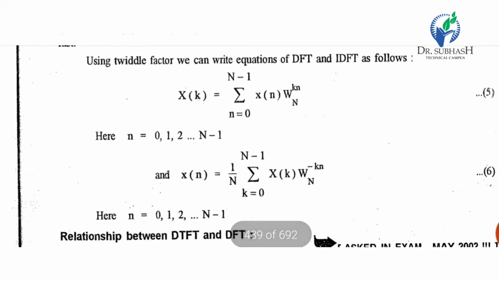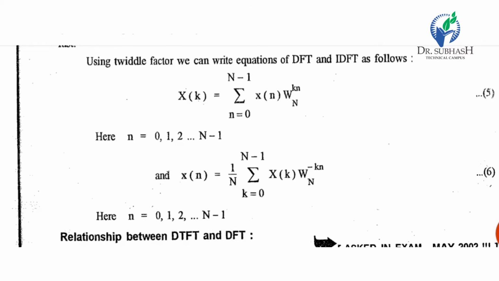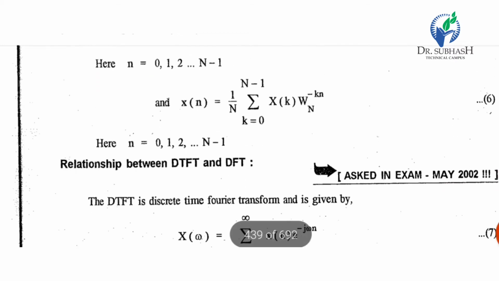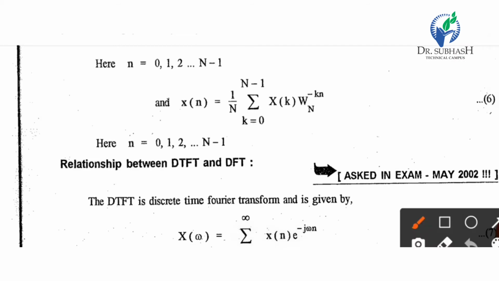So X of k equal to summation n equal to 0 to N minus 1 x of n W_N raised to k n. Here n equal to 0, 1, 2 up to N minus 1, and x of n equal to 1 upon N summation k equal to 0 to N minus 1 X of k W_N raised to minus k n. Here n equal to 0, 1 up to N minus 1.